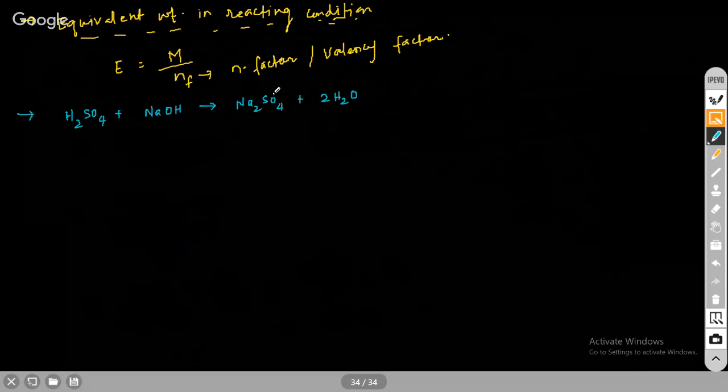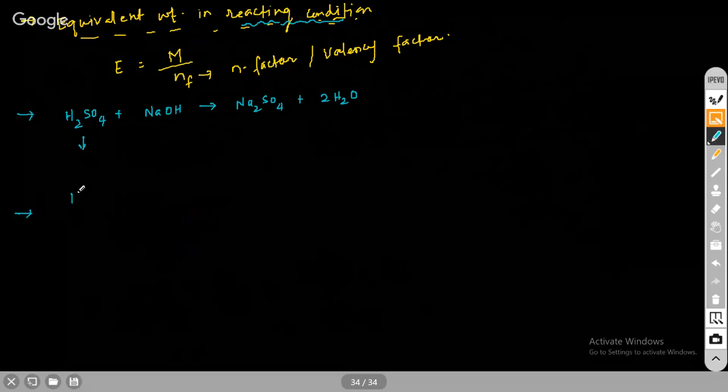This is the reaction we have. Now the n factor of H2SO4 here, you see, in reacting condition, the equivalent weight of one substance may vary according to the reaction that is given. I can also write down one more reaction here.